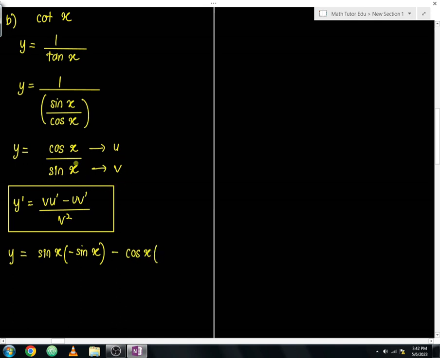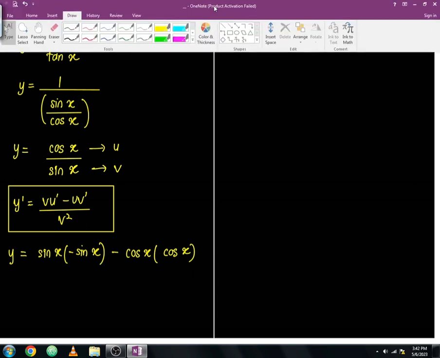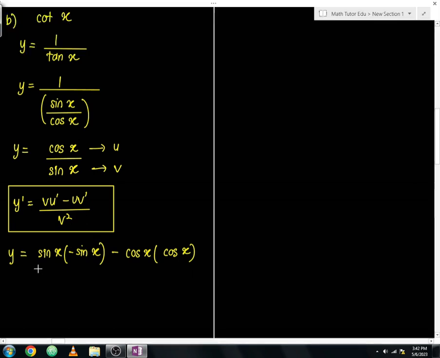When you differentiate sine x, you should get cos x. And then you divide by v squared, so in this case your v squared is sine x squared.